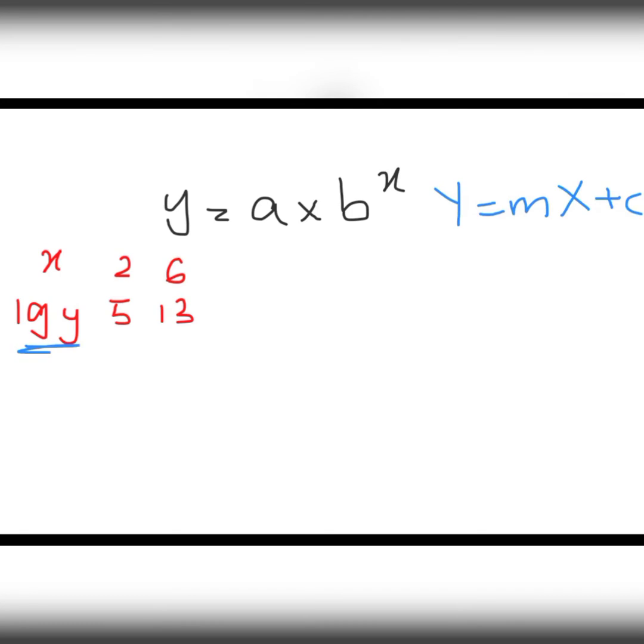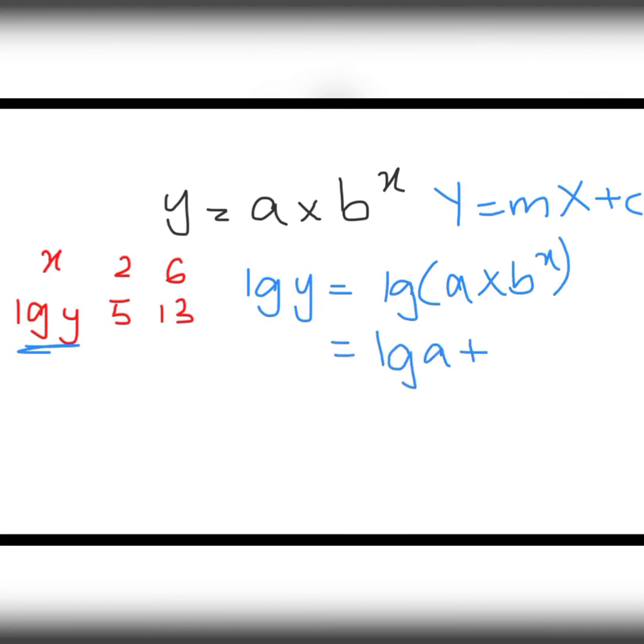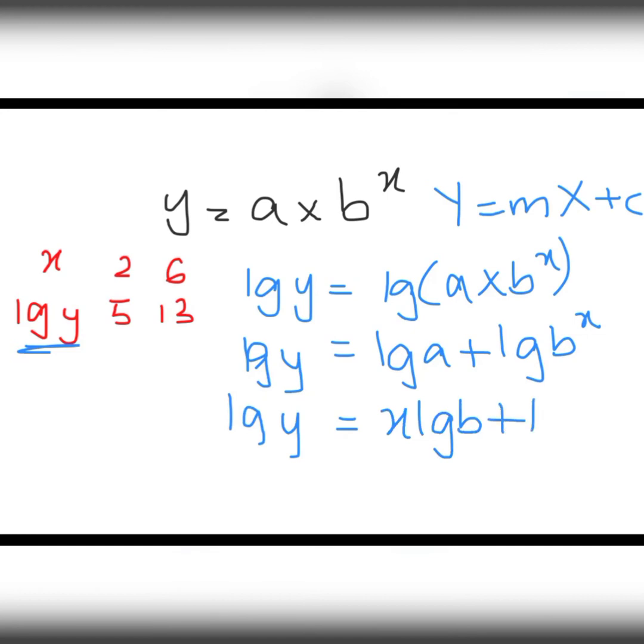So what if we take lg of the whole equation? So lg y is equal to lg of a into b to the power x, applying the rules of logs. This becomes lg a plus lg b to the power x. So lg y is equal to x lg b plus lg a, and this is in the form y is equal to mx plus c.